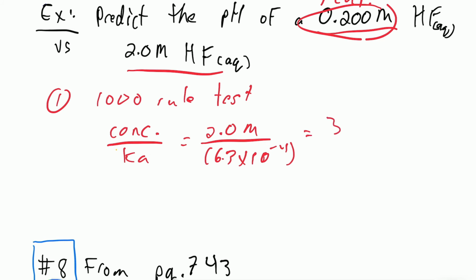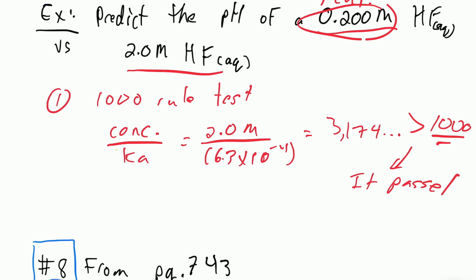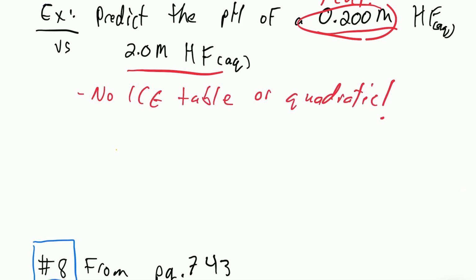And this time we get a value of 3,174. The main point is that that's greater than 1000. So the 1000 rule passes. And if the 1000 rule passes, that means that there's no ICE table or quadratic.